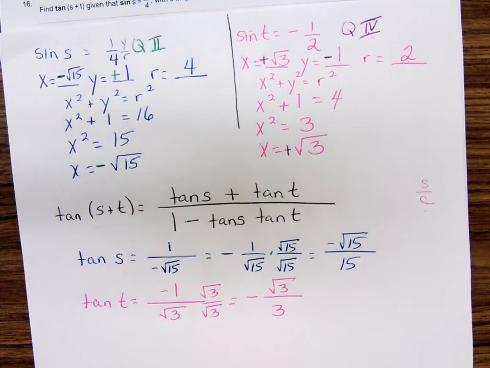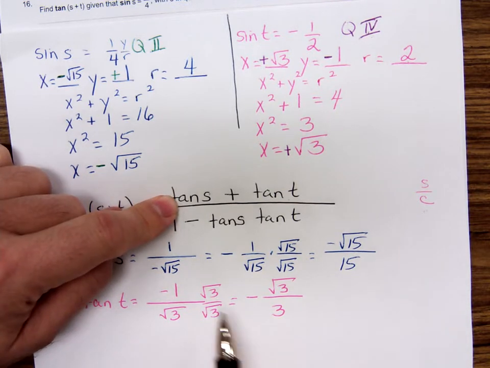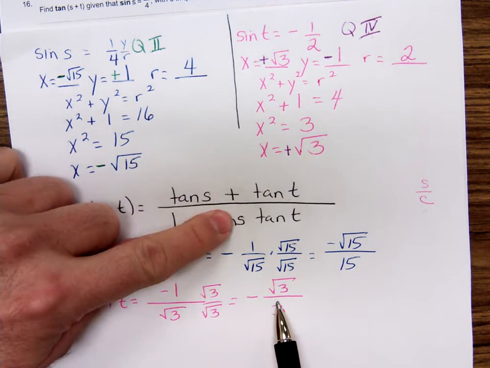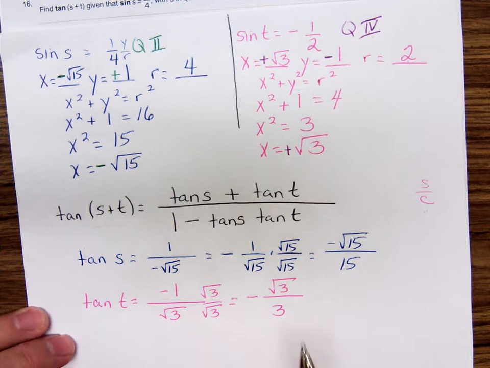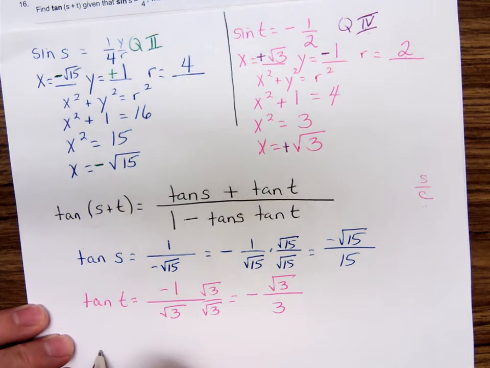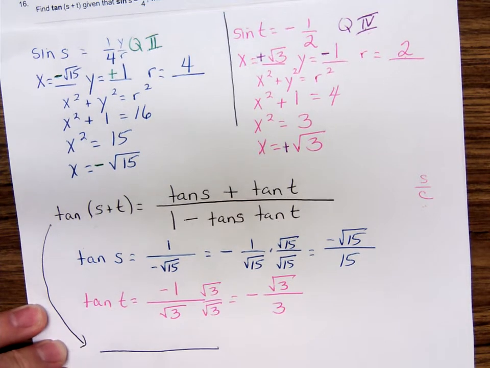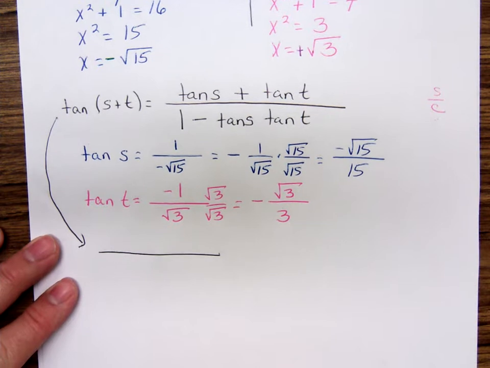And now let's start plugging in here. In place of tangent S, I'll put negative square root of 15 over 15. In place of tangent T, I'll put negative square root of 3 over 3. So we have plugging in up there. Let me lift it up some.